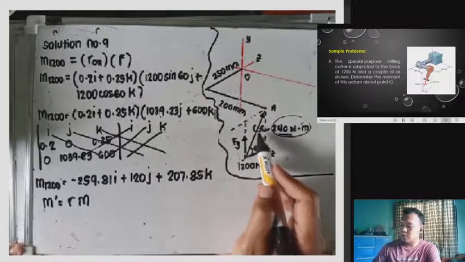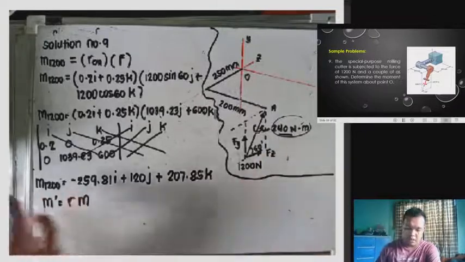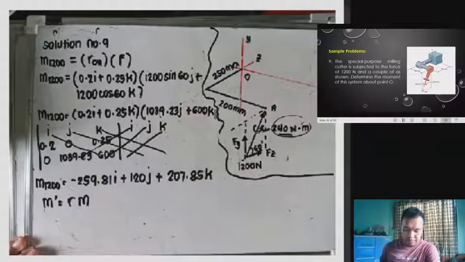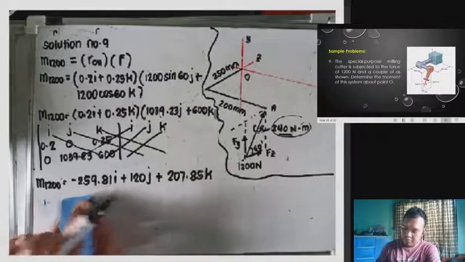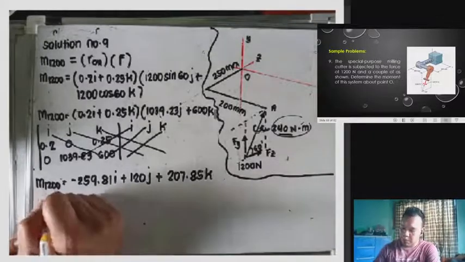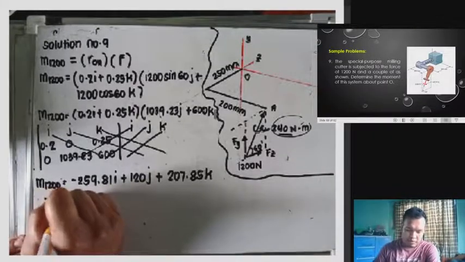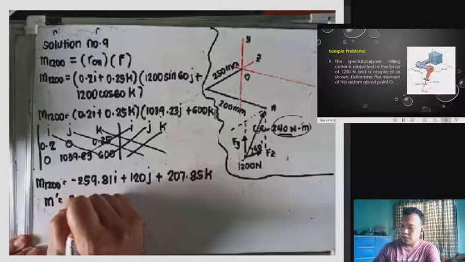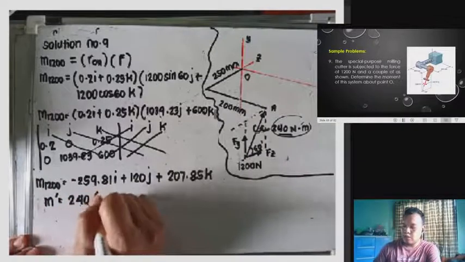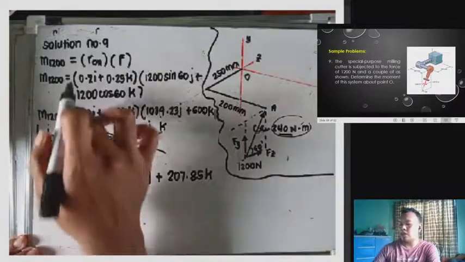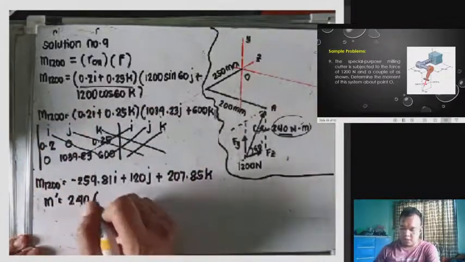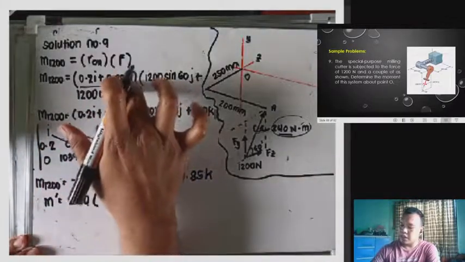So, meron tayong component din nito. M prime is equivalent kay, yung M natin is 240, tama? Then yung R natin is, ito pa rin yung R natin.